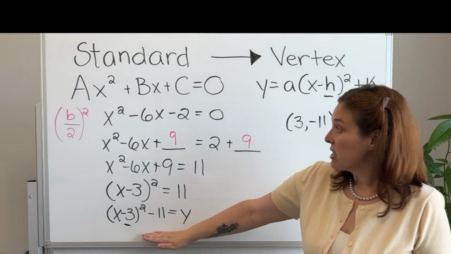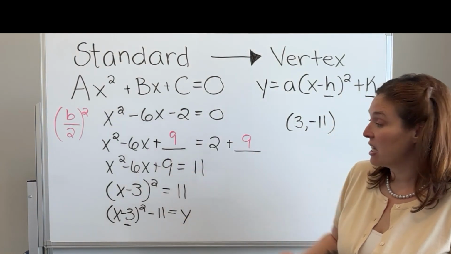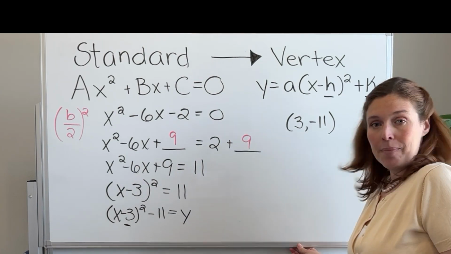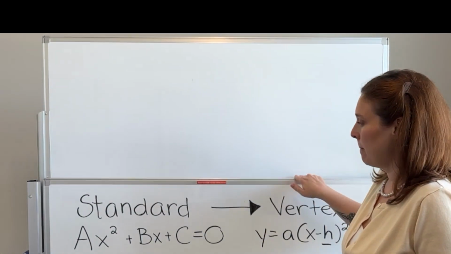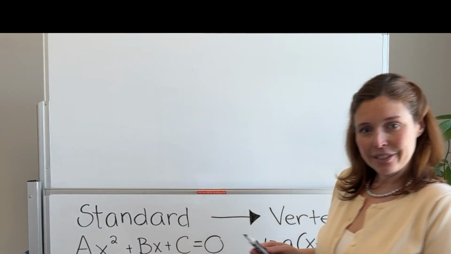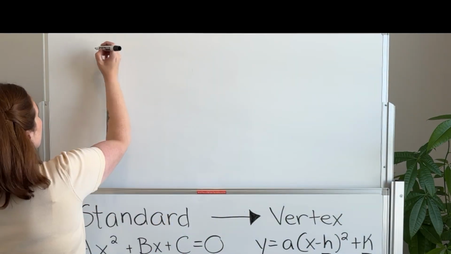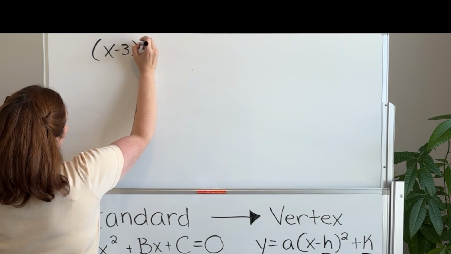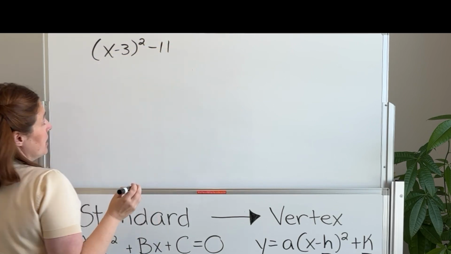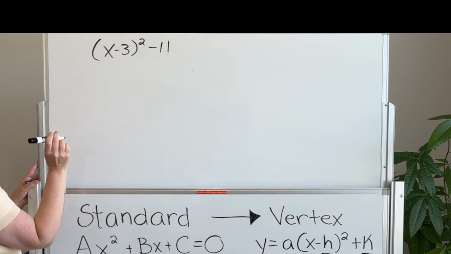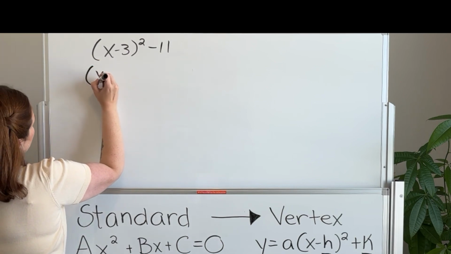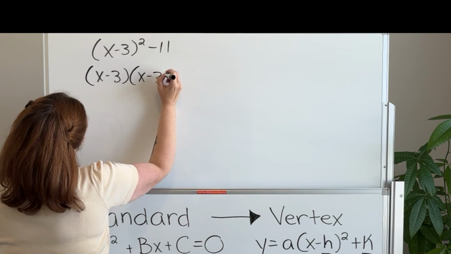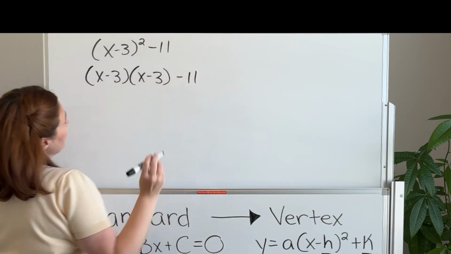Now, if we want to reverse this to go back to standard form, we can do that too, and it's really satisfying. Let me alternate my board here. So if we have our (x minus 3) squared minus 11, we can rewrite this as (x minus 3) times (x minus 3) minus 11.